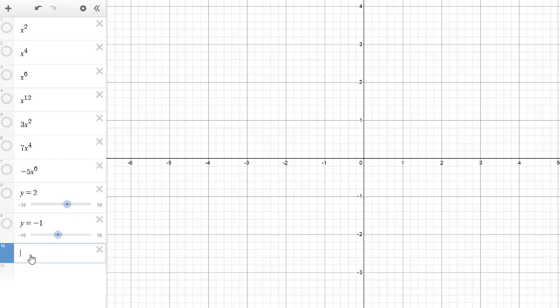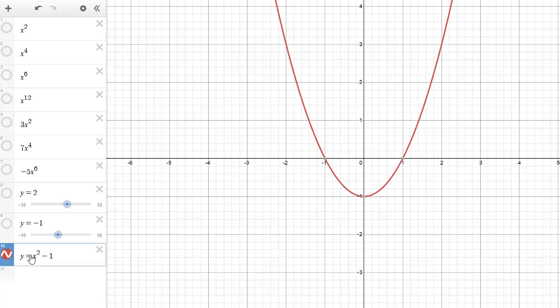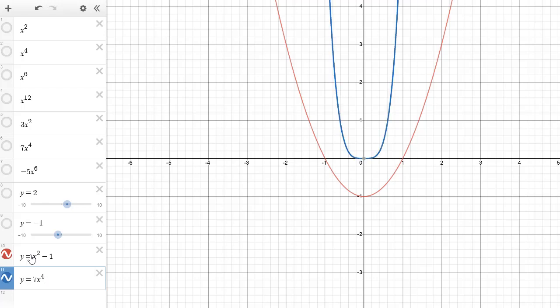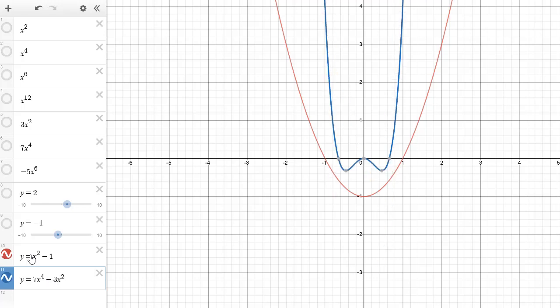So now let's enter in a combination, y equals x squared minus 1. What do you know? It's still symmetrical. It turns out that any combination you can think of, as long as every single term is even, the function itself is still even, and it has that symmetry. So y equals 7x to the 4th minus 3x squared plus 2.